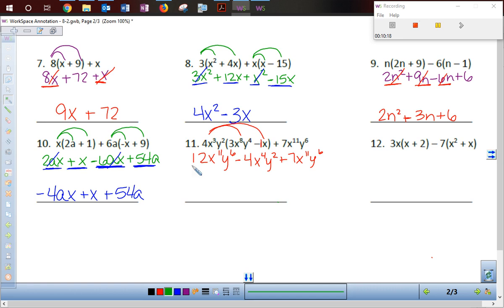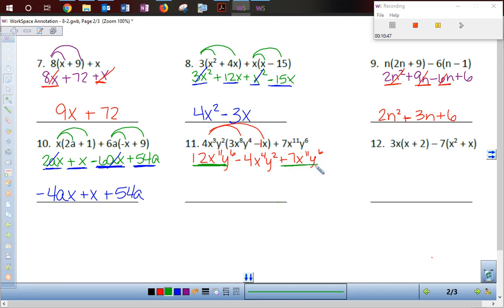My first term has x to the 11th, y to the 6th. And to be able to add that to anything else in my polynomial, it has to have the exact same variables raised to the exact same exponents. So this one, even though it does have an x and a y, it's not being raised to the 11th power and the 6th power, so they're not like terms.